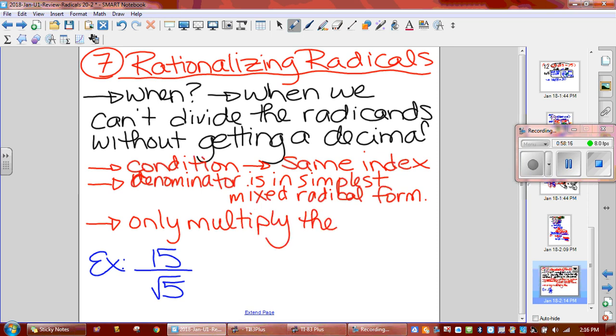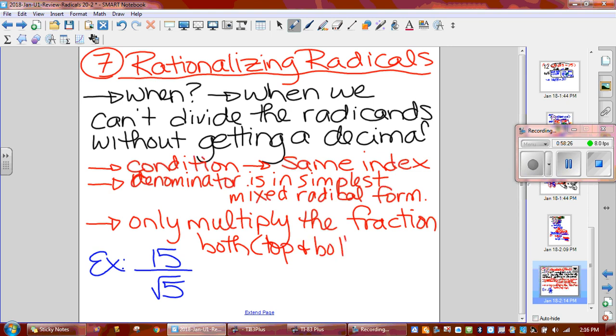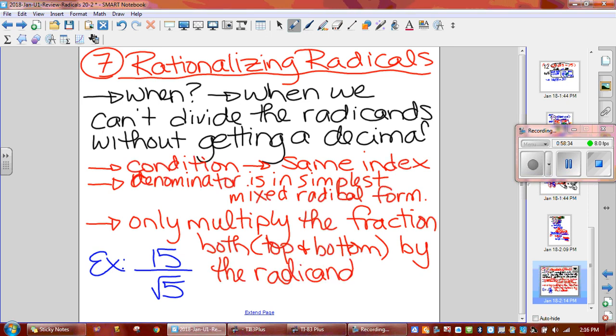This is going to make the radicand on the bottom become a perfect square, which we can solve. So, let's take a look at this before we actually look at our example. So, if I were to take, for example, root 2 times root 2, well, that's going to give me root of 4, which is a perfect square that solves to become positive 2.